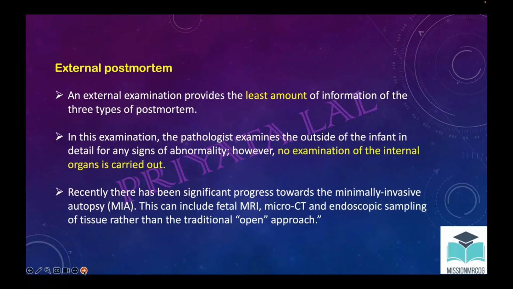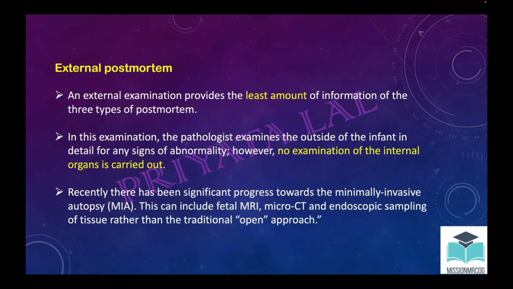Now the external post-mortem provides the least amount of information out of the three. You understand that we are not doing any internal checks or taking samples. Only outside examination of the baby can be done.